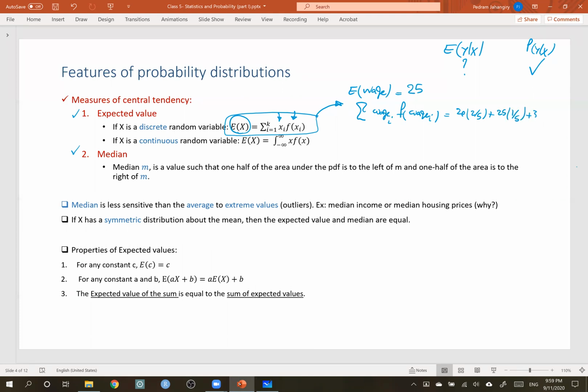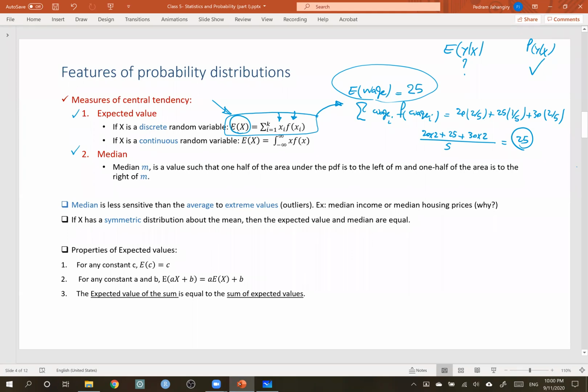And for 30, we had two of them, 2/5, right? So I can factor these 5s and say, okay, 20 multiply 2 plus 25 multiply 1 plus 30 multiply 2. If you do the math, we will get to 25 again, right? So again, without knowing anything about this formula, you were able to calculate the expected value of wage, which was 25, right?